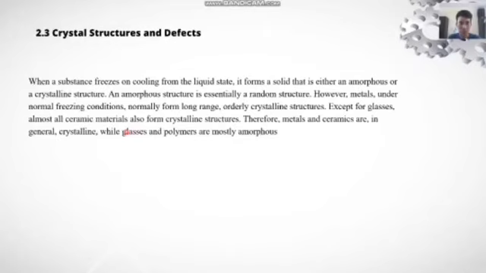However, metals under normal freezing conditions normally form long-range, orderly crystalline structures. Except for glasses, almost all ceramic materials also form crystalline structures. Therefore, metals and ceramics are in general crystalline, while glasses and polymers are mostly amorphous.